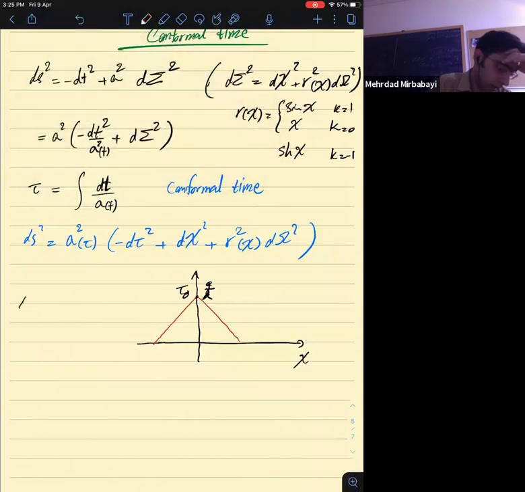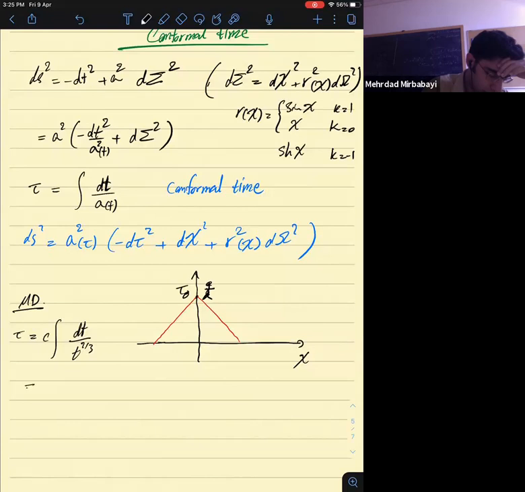So if I take matter-dominated cosmology, then what is the relation between tau and t? Tau is the integral of, so we saw that a is proportional to t to the 2/3. So we have the integral dt over t to the 2/3 with some proportionality constant. Let me just put c here.